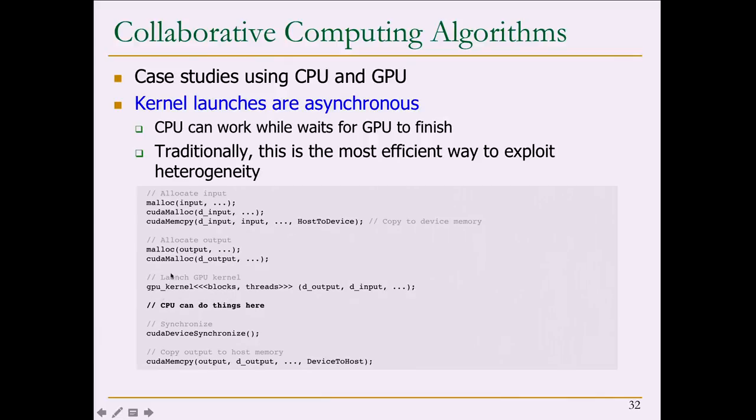Remember that this means that the CPU thread reaches the GPU kernel, launches the kernel, and after that it is free to continue the execution. So maybe the CPU thread could do some computation before the GPU kernel finishes. But still, this is not very convenient, so not many programmers use something like that.